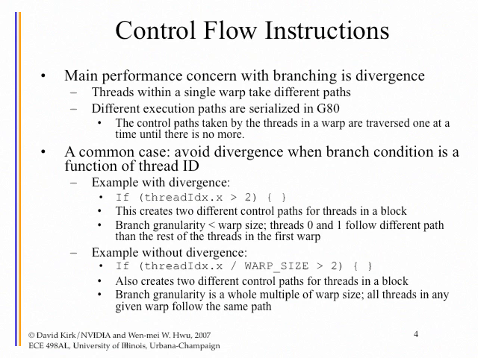What really happens when you have both is that the hardware will actually take time to follow the then path, and then it will reset, okay, and go back to the beginning of the if then else and follow the else path. These two steps are done sequentially, and in each of these two steps, only part of the warp will be activated.